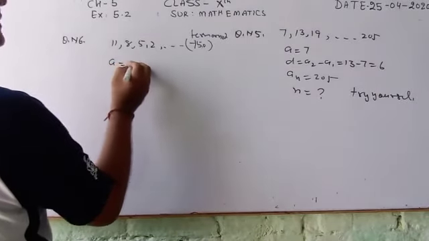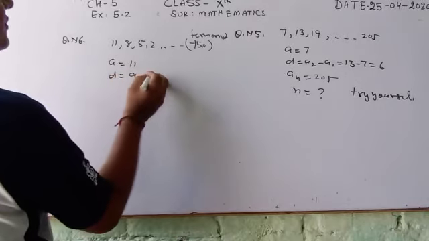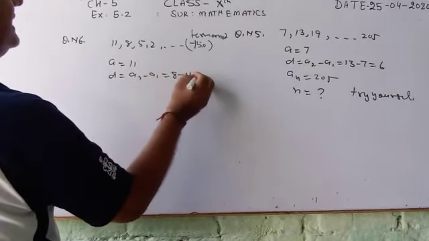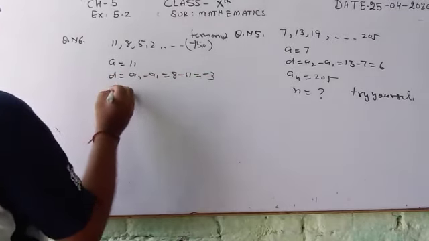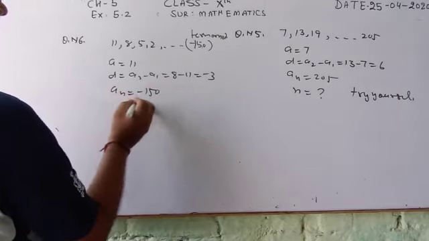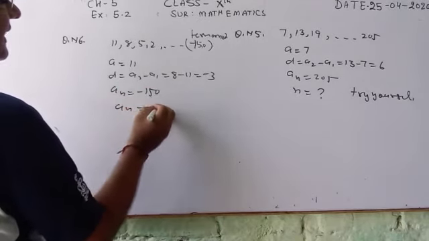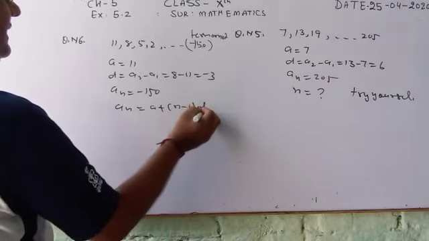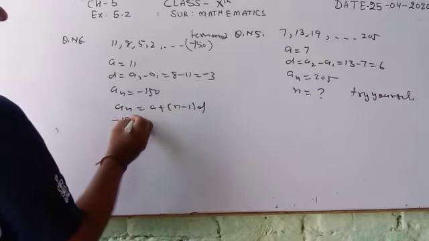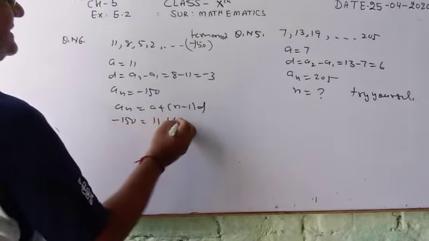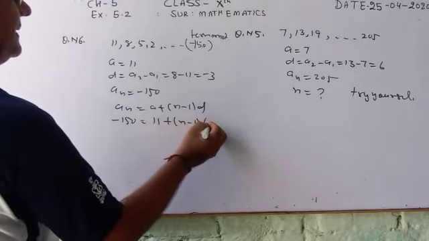So a equal to 11, d equal to a2 minus a1, 8 minus 11, that is minus 3. And a_n we take as minus 150. So a_n equal to a plus (n minus 1) into d.